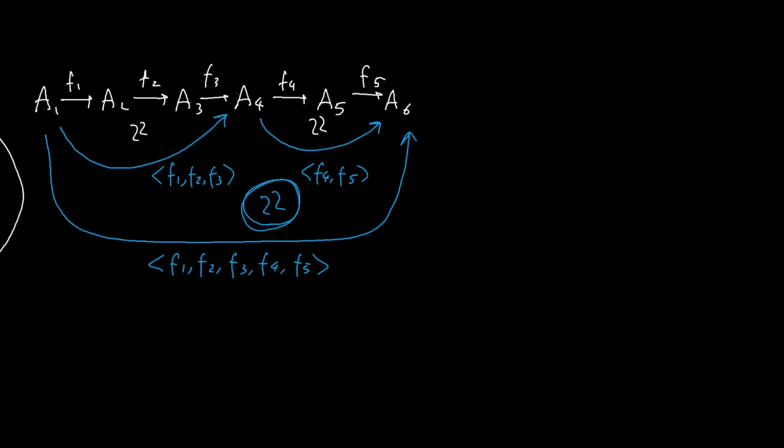Now, because this is equivalent to that, by the congruence property, this path will be equivalent to this path. Let's write this down.